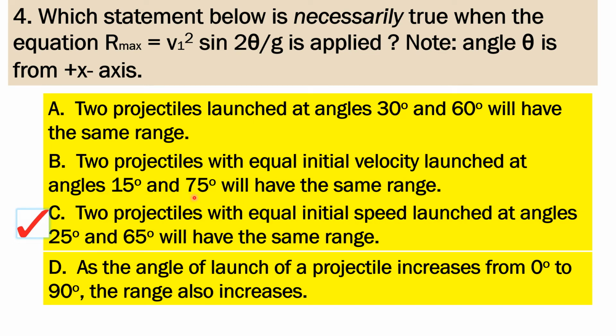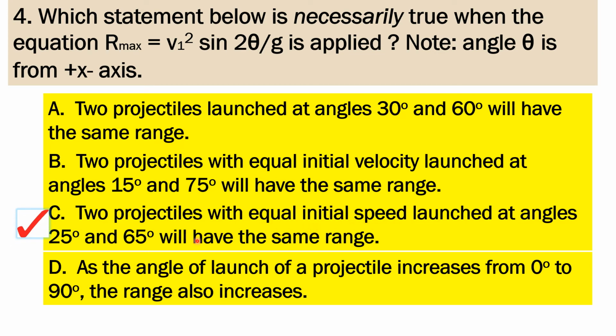Whereas in letter C, the use of the words initial speed refers only to the magnitude of the initial velocity. So it's a better answer because we are safe. If you use the words initial speed, their directions may be different.